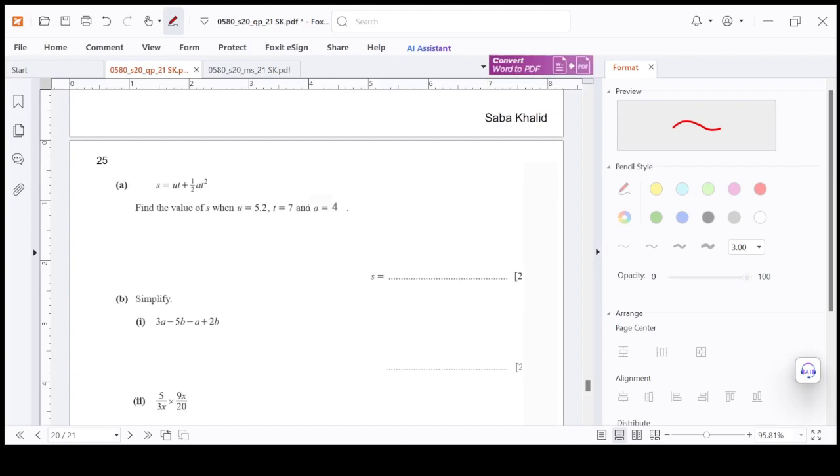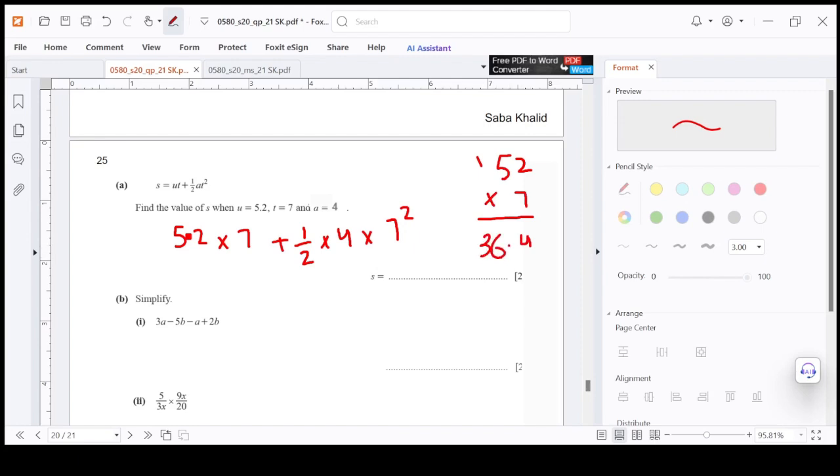Find the value of S when U equals 5.2, T equals 7, and A equals 4. Okay, interesting. Without a calculator, let's check. 7 squared. Okay, 5.2 into 7. Let me do that on the side. So I'm going to do 52 times 7, 7 times 2 is 14, 7 times 5 is 35. That's 36, so we get 36.4 here.